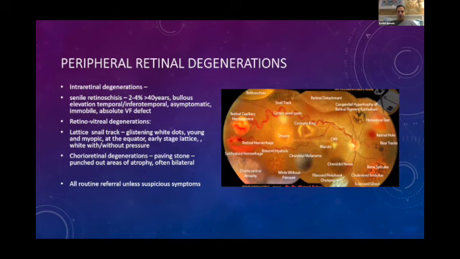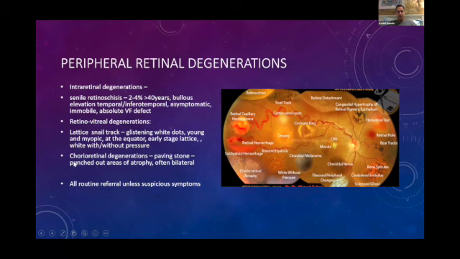Peripheral retinal degenerations. I love this picture because if this was one patient, it would be the unluckiest patient in the history of medicine, basically, to have every single thing that you can see on it possible. But you can often get senile retinoschisis in about 2 to 4% of patients. Retinal-vitreal degeneration, so white without pressure, retinal lattice changes, snail track lesions, glistening white dots in the young and myopic at the equator, with early stage lattice.